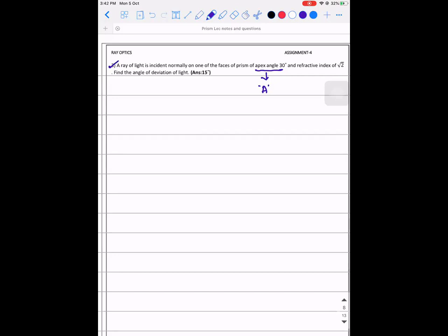How to do? So what is it that you are able to understand from the question? There is a ray which is incident normally on one of the faces. So when it is incident normally, what will be the angle of refraction at the first interface?